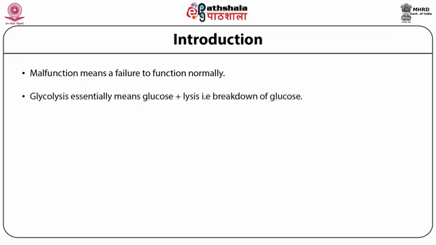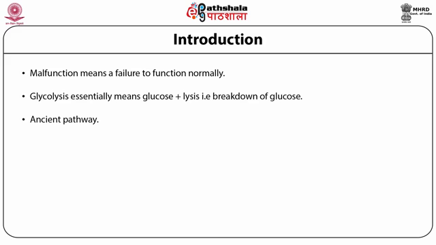Glycolysis essentially means glucose plus lysis, that is a breakdown of glucose. Gluco means sweet, while lysis means breakdown. This is one of the most ancient pathways known to humankind.